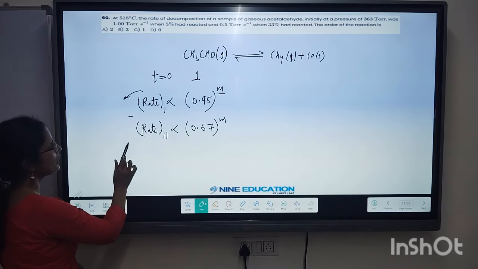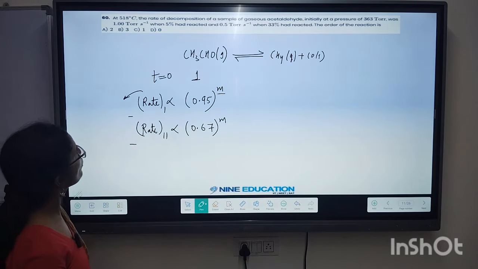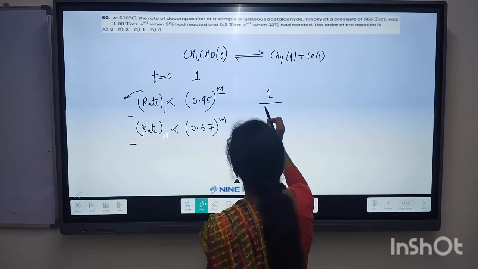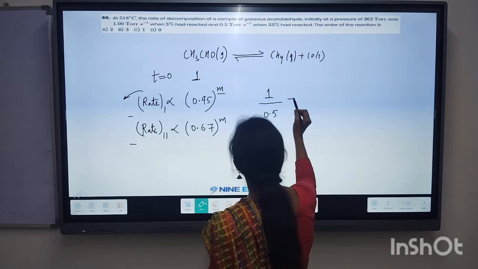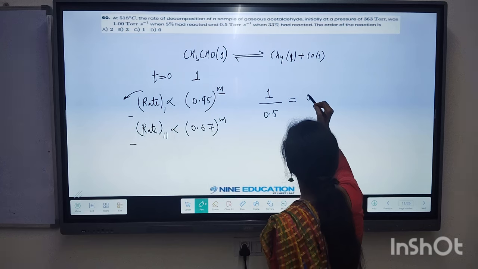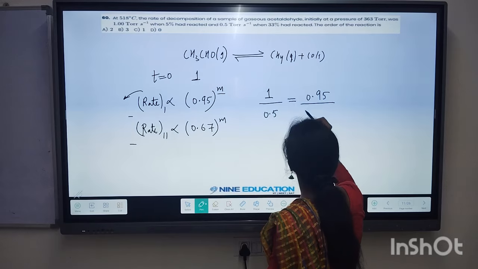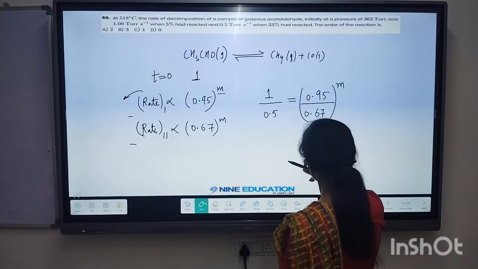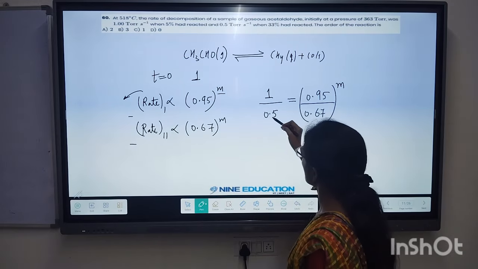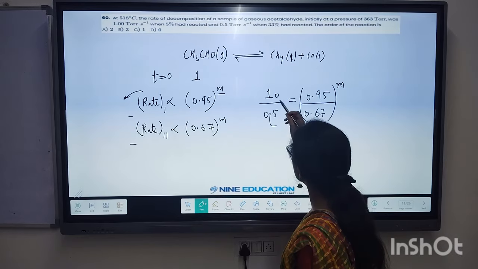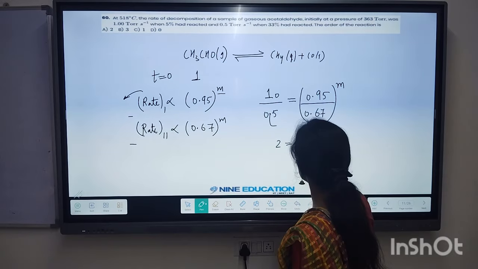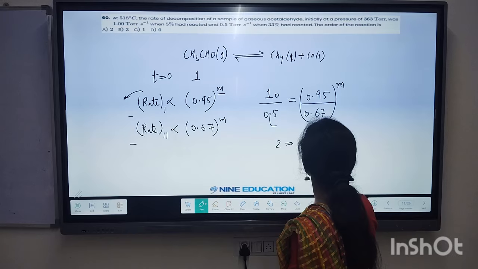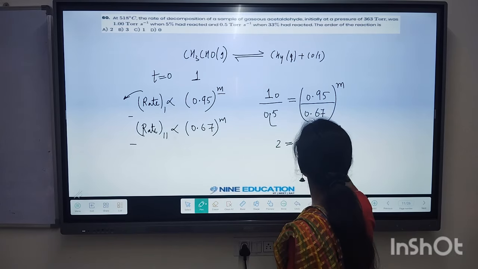Now if I divide rate 1 by rate 2, I will be getting 1 divided by 0.5, and here 0.95 divided by 0.67, and here we will be having power m. When I solve it, 1 by 0.5 gives 2, and here we have 0.95 divided by 0.67 power m.